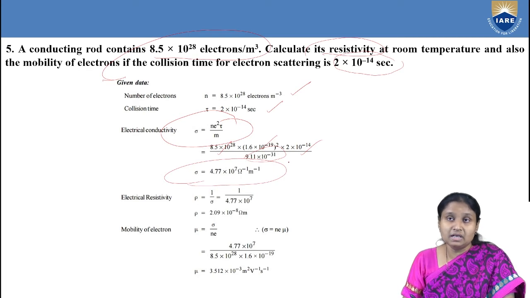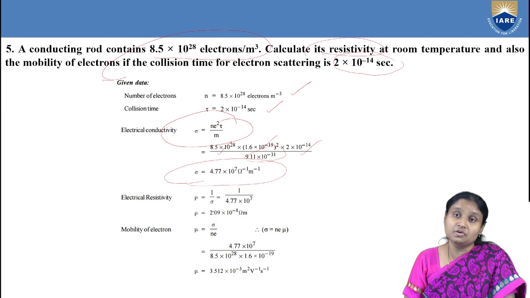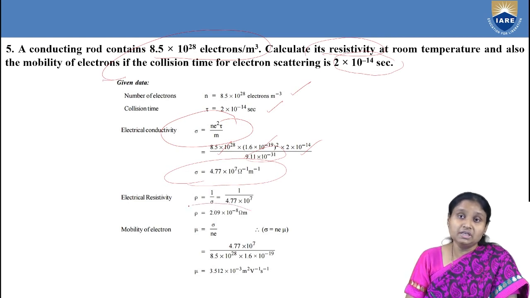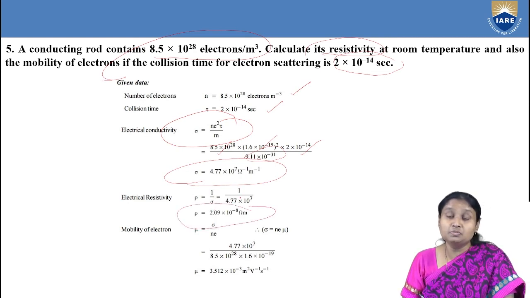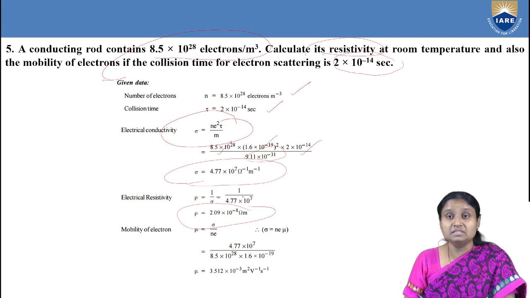Once we know conductivity, we can easily find resistivity by taking the reciprocal of conductivity. When we do it, resistivity comes out to be 2.09 into 10 power of minus 8 ohm meter.